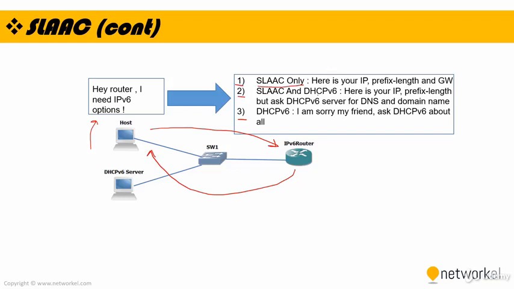In the second method, the router is offering, here is your IP and prefix length, but ask the DHCP version 6 server for the DNS and domain name. And here is the last one. The router can also say, I'm sorry my friend, I don't have anything for you. Ask DHCP version 6 about all.